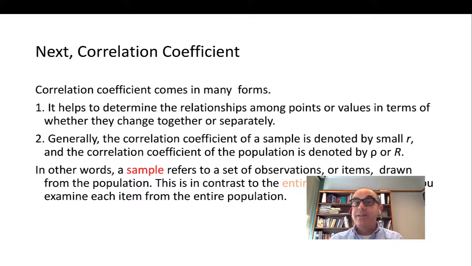It helps to determine the relationship among points or values in terms of whether they change together or separately, which is important. Generally, the correlation coefficient of a sample is denoted by the small r, and the correlation coefficient of the population is denoted by rho or capital R.